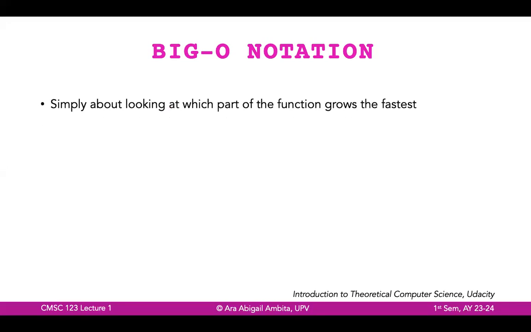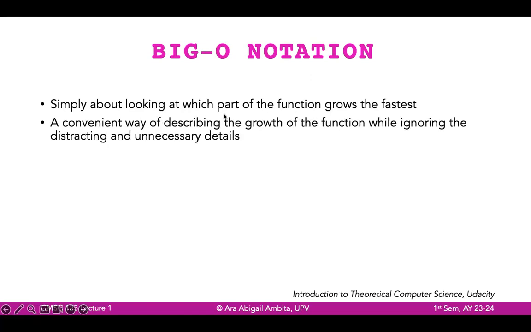And in big O notation, we are essentially going to ignore those unimportant details, and we will only focus on the most important part. So we are simply going to look at which part of the function grows the fastest. And we did that by removing the constants and removing the lower order parts. Okay?